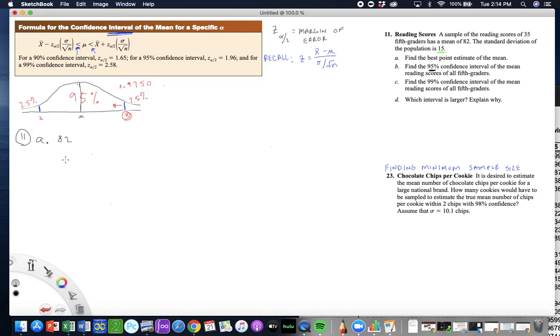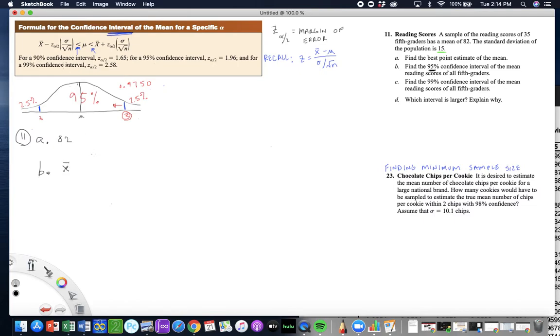But let's say that's just not good enough, because in all actuality, it may not be exactly the same as the population mean, from 35 of the fifth graders, right? So what we're going to do is create a confidence interval to express where we believe the population mean exists. I'm going to rewrite this down here so you can follow along.